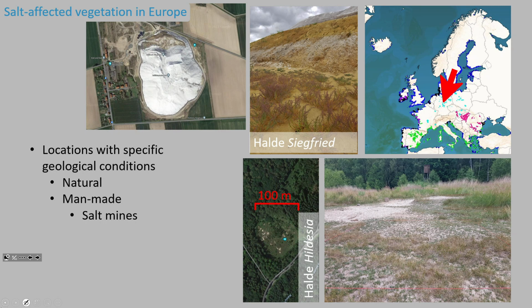And now we have this huge hill of salty deposits, and all around this hill, this photo is taken from somewhere here, we have this highly saline vegetation. And you see it's going quite far up there.